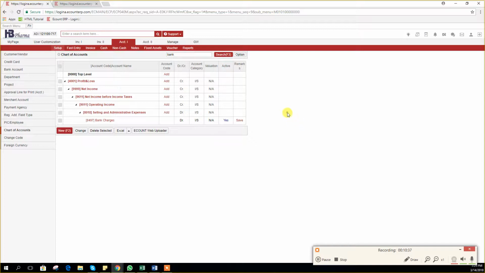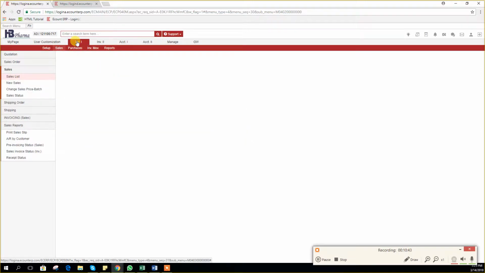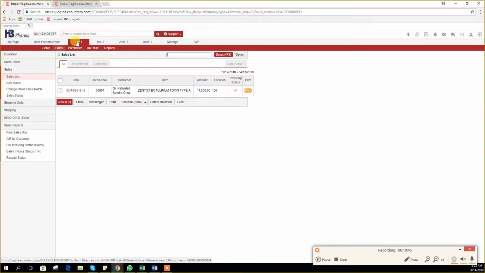So now, here it comes. Inventory and accounting is only linked inside the system. It is only linked by two modules: sales and purchases. Anything else, it is not linked to the accounting.